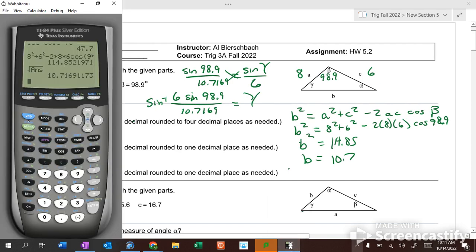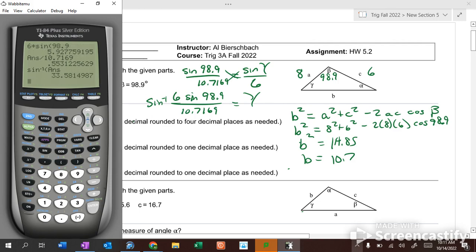So we go 6 times the sine of 98.9 divided by 10.7169, and then go second sine of the answer.